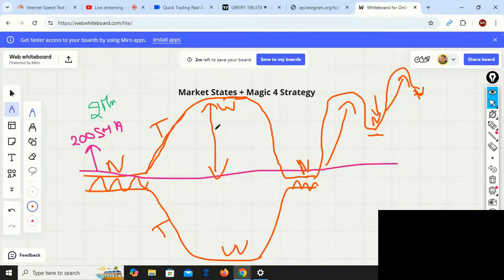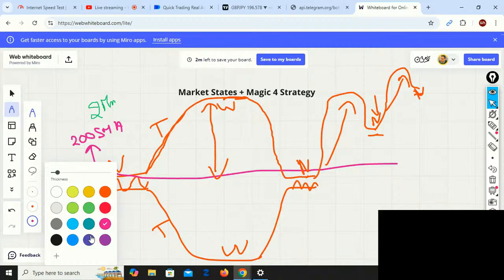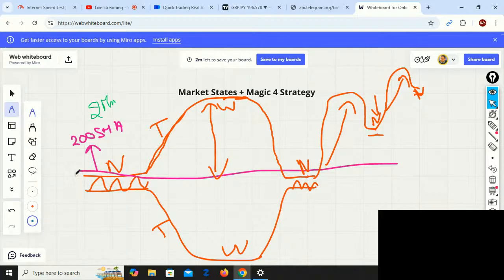Your driver, you have to have two indicators on your chart to help you see where these cycles are moving around. You need the 200 SMA and the 20 SMA.